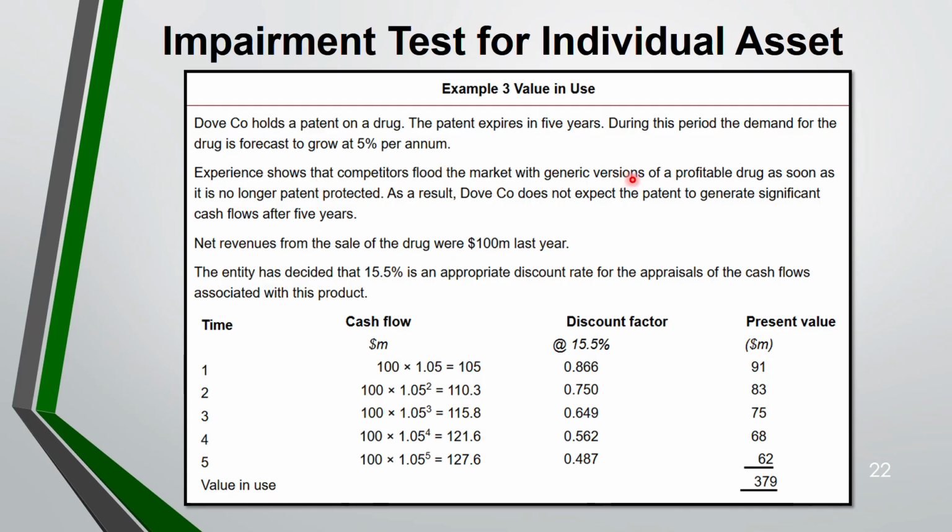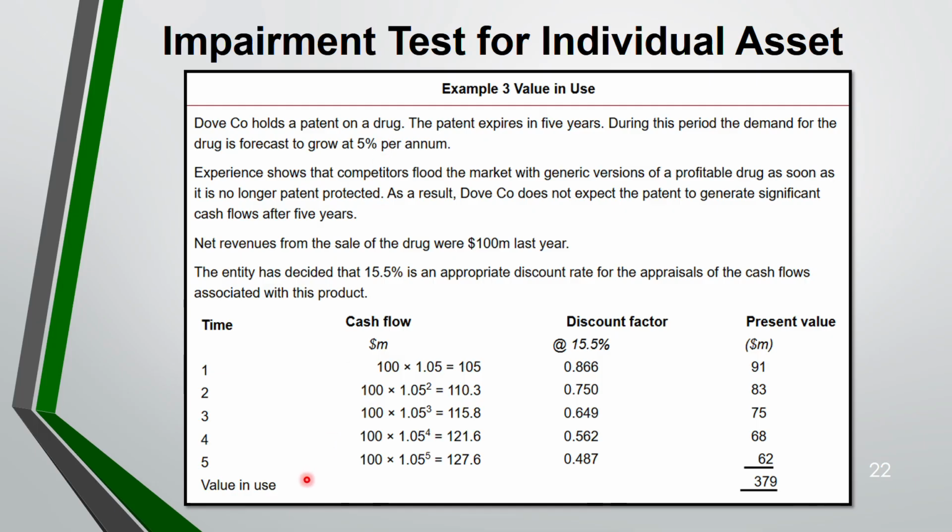So they do not expect the patent to generate significant cash flow after 5 years. The net revenue from the sale is 100 million and the discount factor is 15.5%. So now this is your cash flow 100 and you will use the discount factor 15.5% and you will grow the cash flow by 5%. So you have all the necessary information to find the present value.